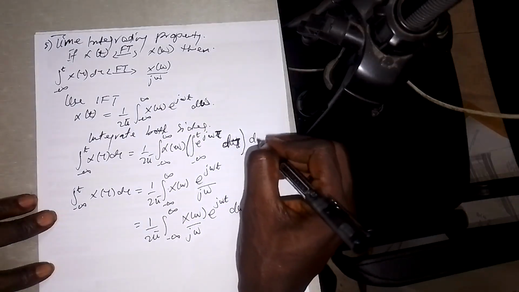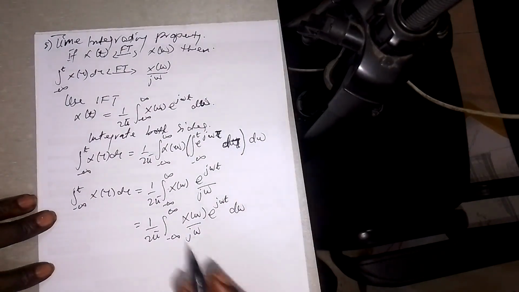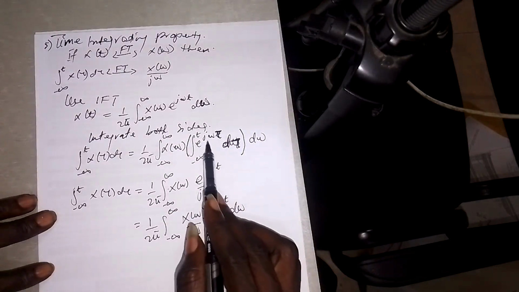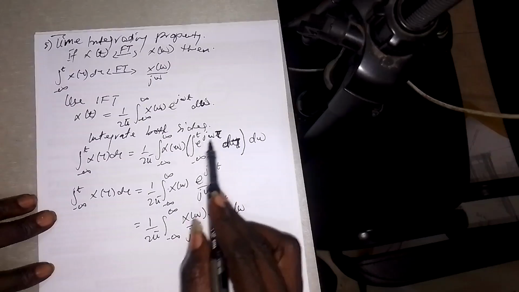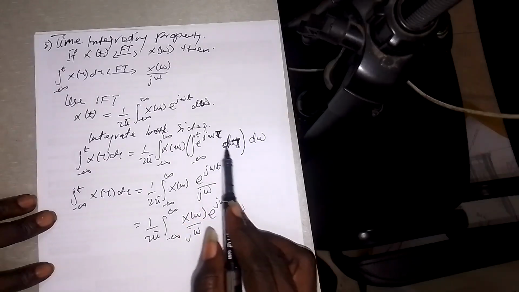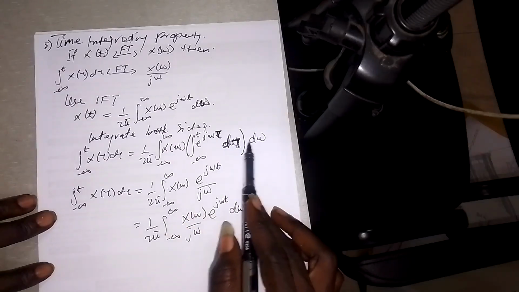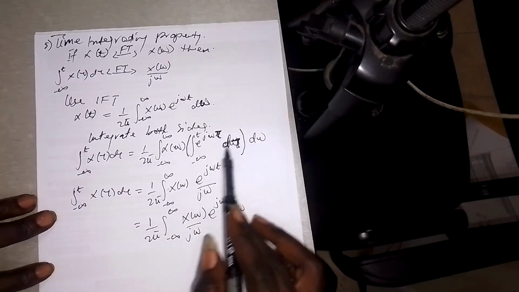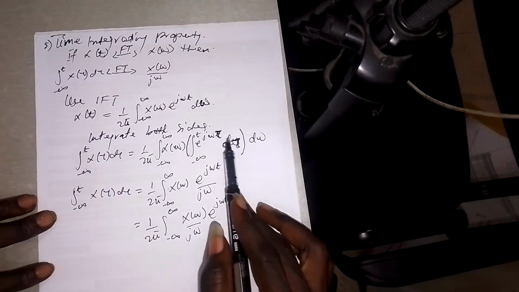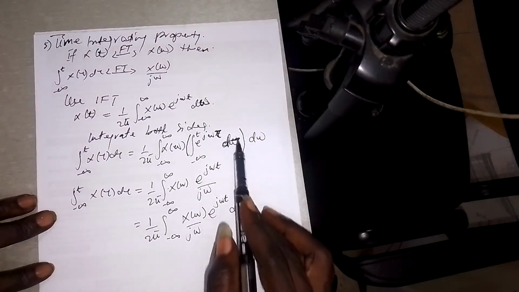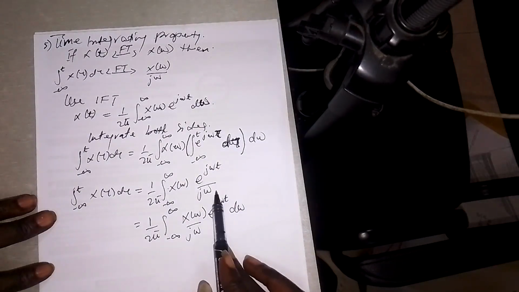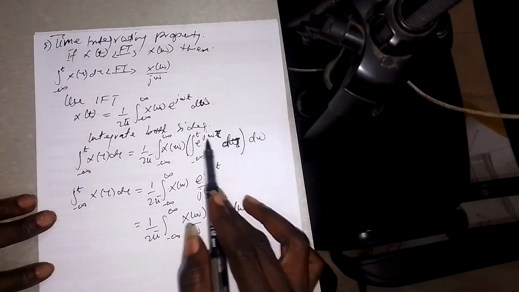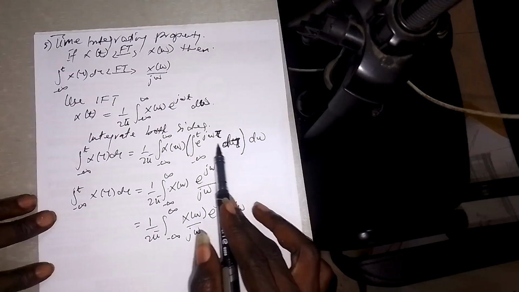And here will become the omega. So that when I integrate here, I'll get j omega. But if I integrate with respect to the omega, then I'm supposed to get j tau. I'll not be able to get j omega. So if I do it with respect to the tau, then I'll be able to get j omega.